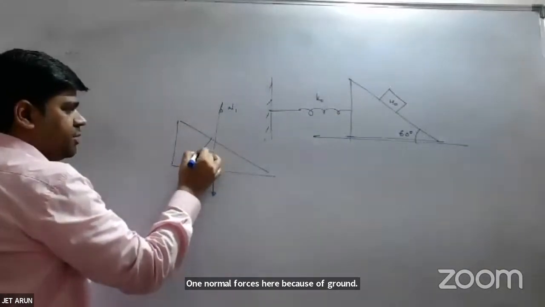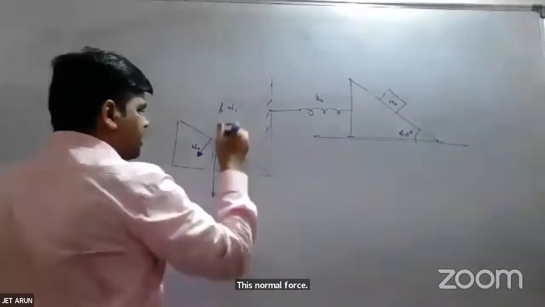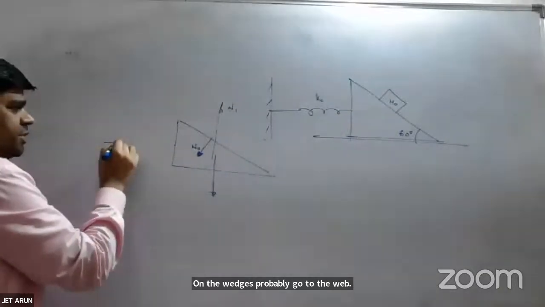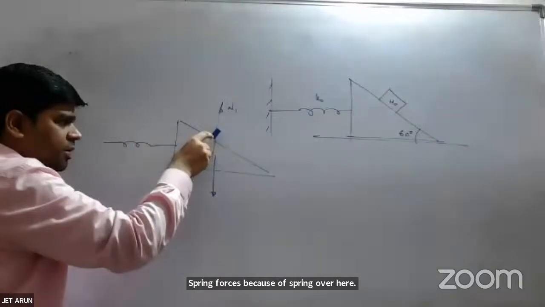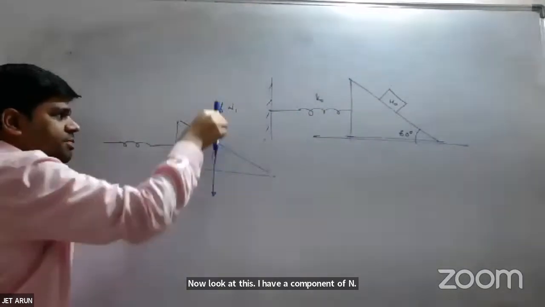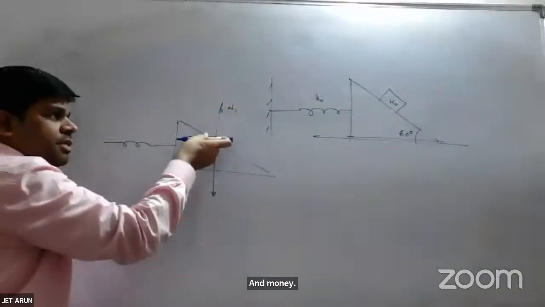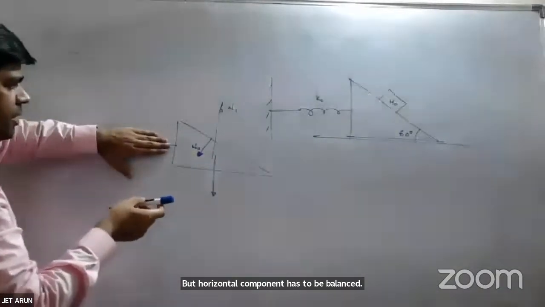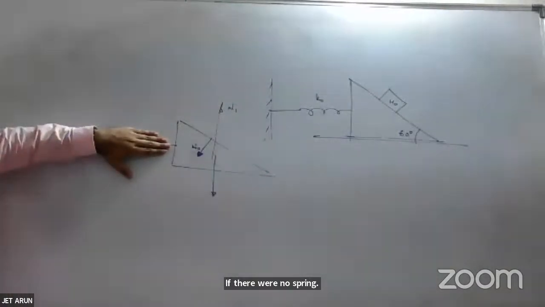This normal force, because of the block on the wedge, is perpendicular to the wedge this way. Spring force because of spring over here. Now look at this. I have a component of n, vertical component and horizontal component. This vertical component is counterbalanced by n1. But horizontal component has to be balanced. Otherwise, this wedge will start moving towards left. If there were no spring, this block would come down and the wedge would move towards left.